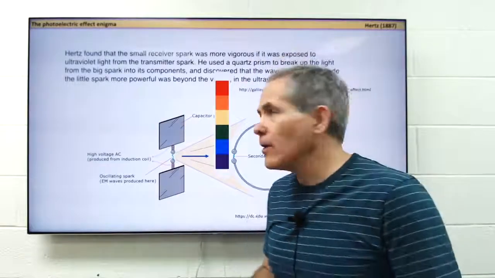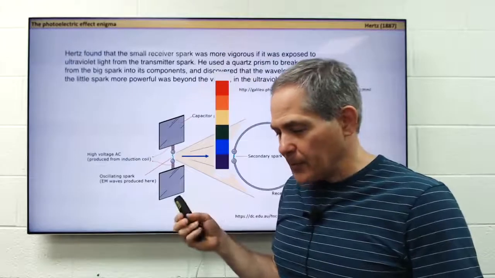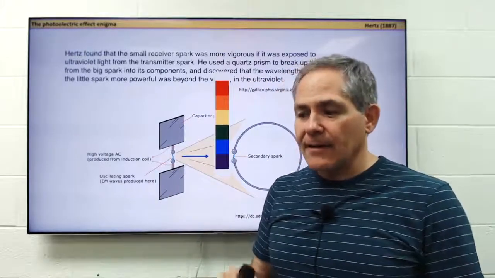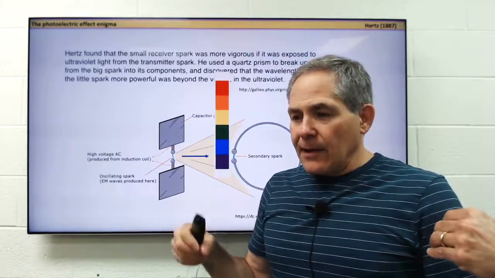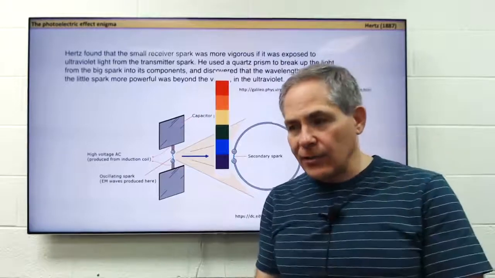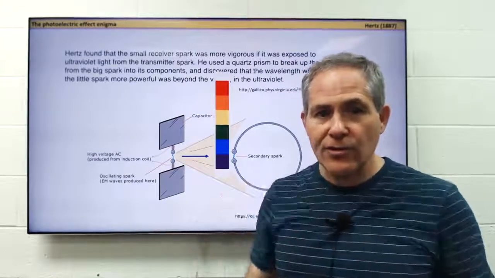Now, this is a very important experiment. If you remember, Maxwell's equations told us about the existence of light and how an electrical discharge may generate light through some oscillation.